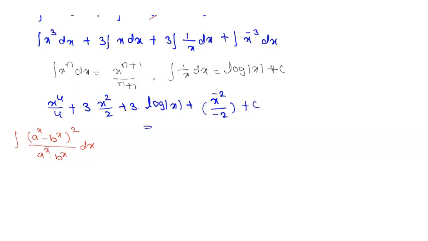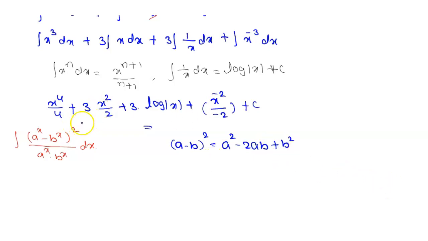So here this is in the form of (a minus b) whole square formula. The formula is a square minus 2ab plus b square.